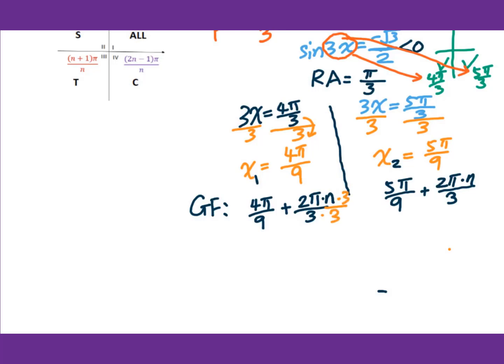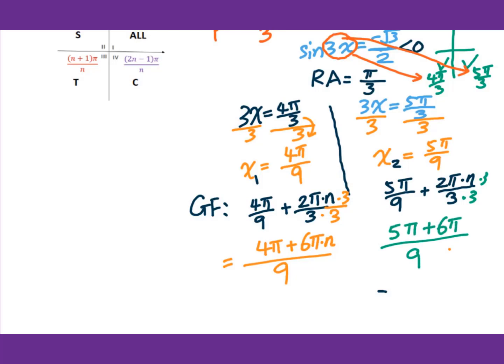That's 9. So you will get 4 pi plus 6 pi times n. For this part, this is multiplied by 3, top and bottom. So we got denominator is 9, 5 pi plus 6 pi times n.